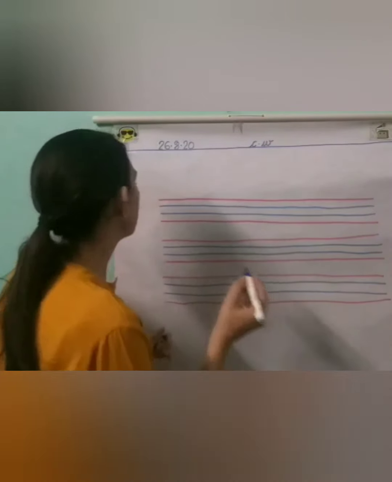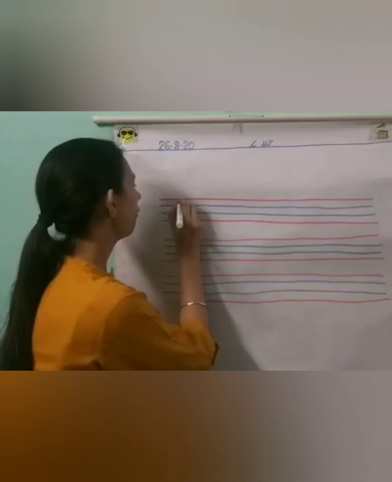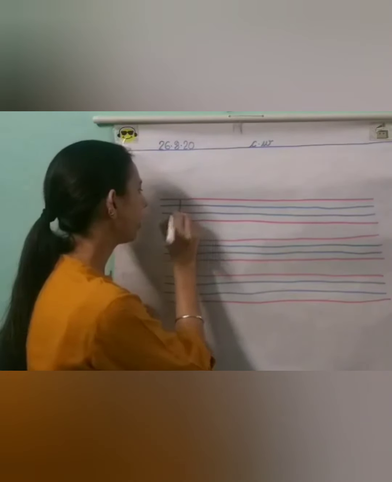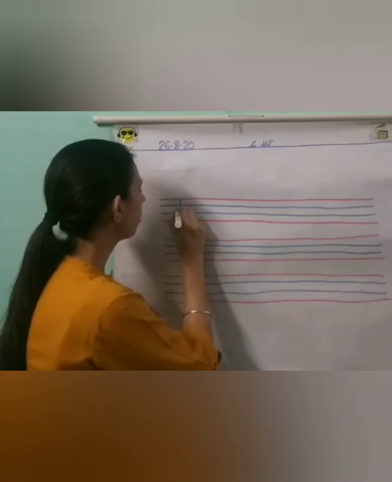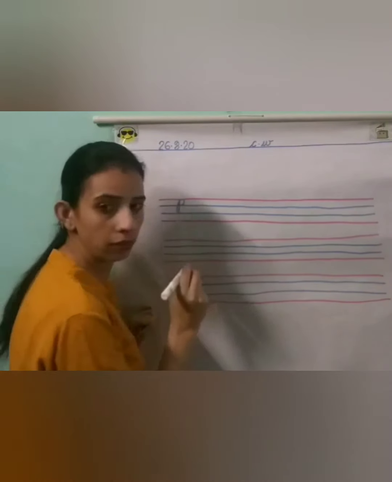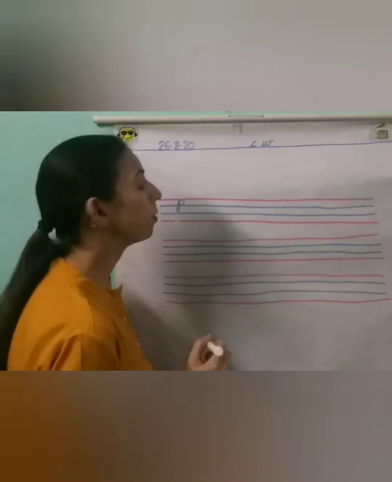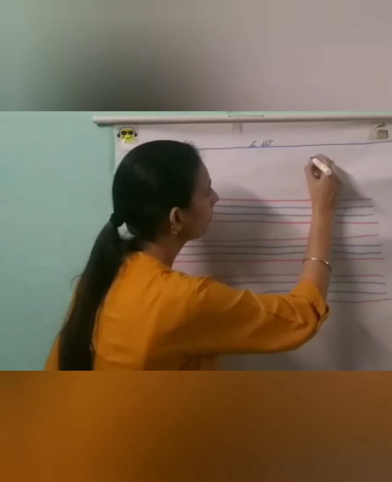Okay children? So what we have to do for P is we have to put a straight line like this. And then turn a little curve and go up and touch this line and turn. Okay children? So this is P and P says P. Let's write one more time.